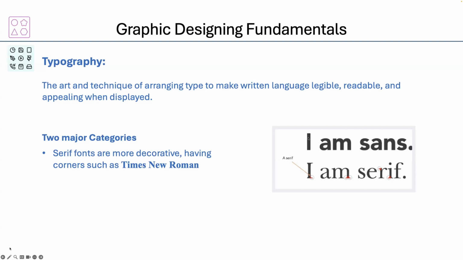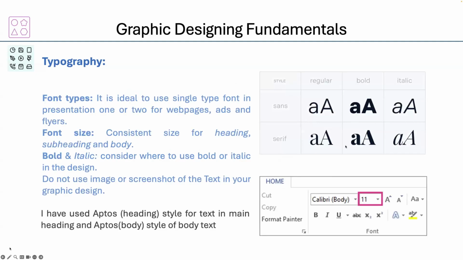So sans and serif. This is the serif. Serif has some corner lines inside them. This type of fonts has corners, so these type of fonts are called serif, and this type of plain fonts are called sans, which does not have corners inside the letters.